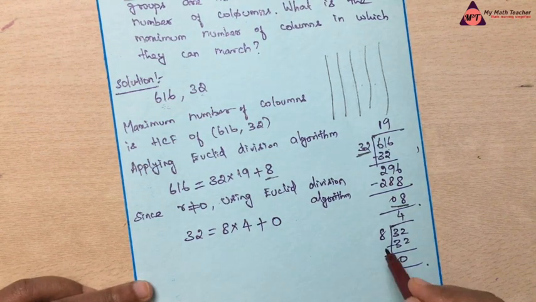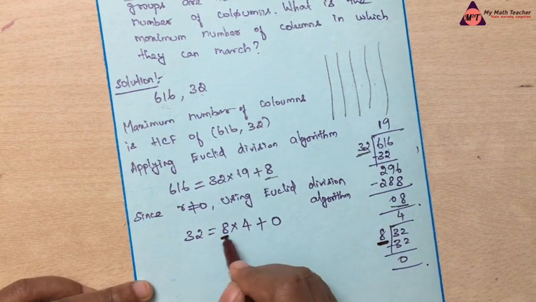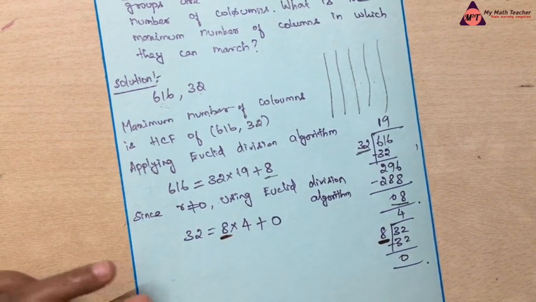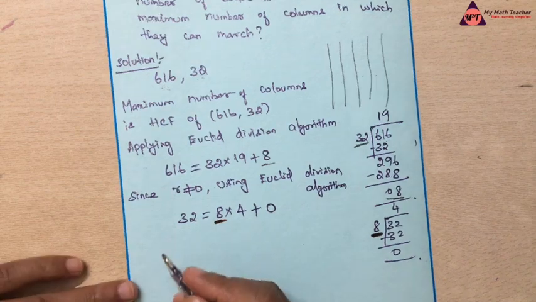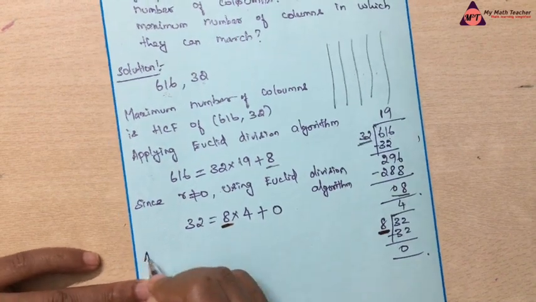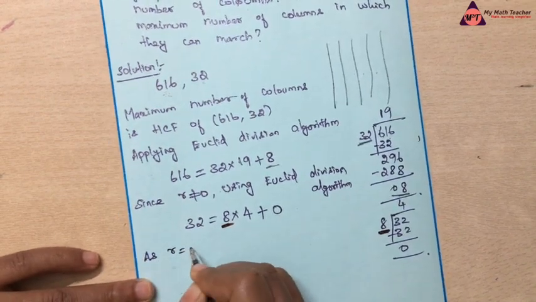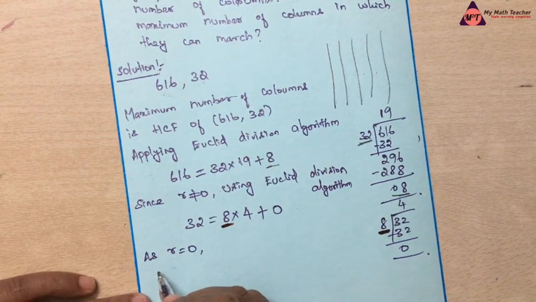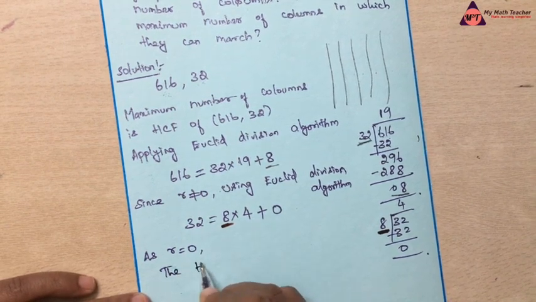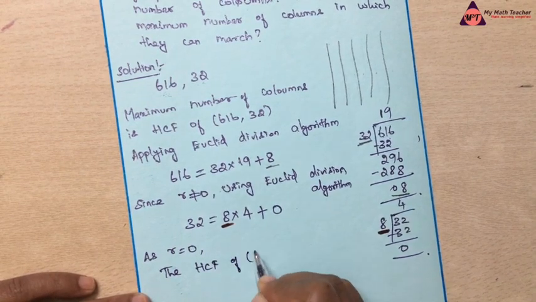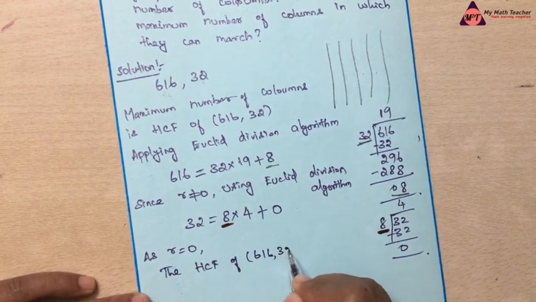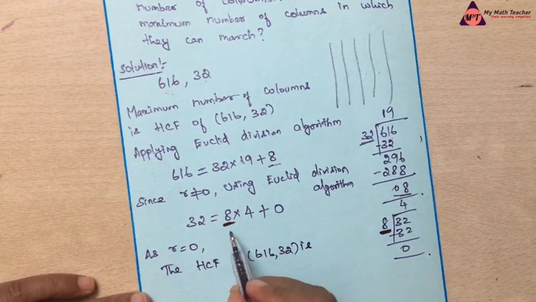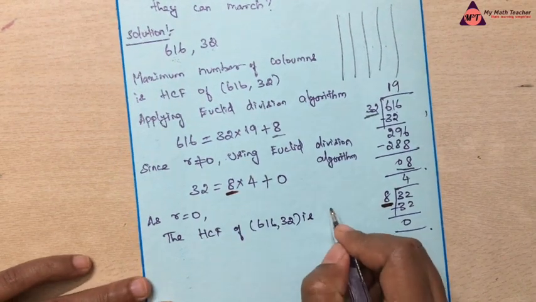HCF is always the divisor in the last step when remainder becomes 0. Now as r is equal to 0, okay, the HCF of 616, 32 is which number? The divisor, that is 8.